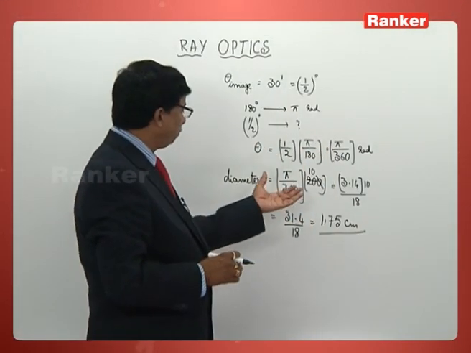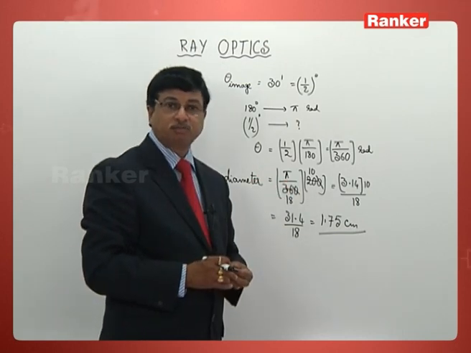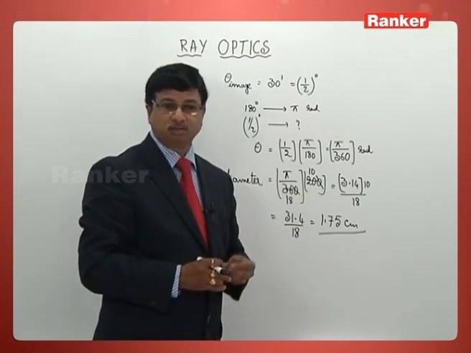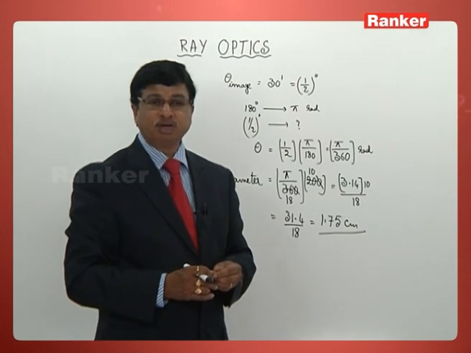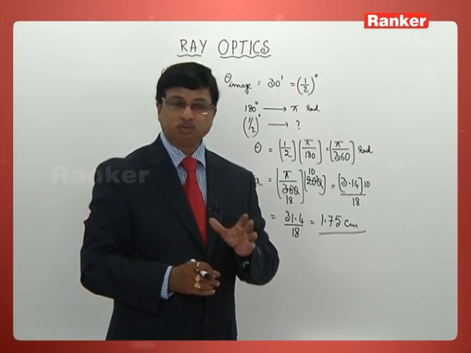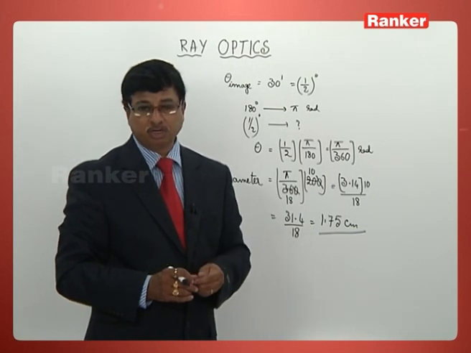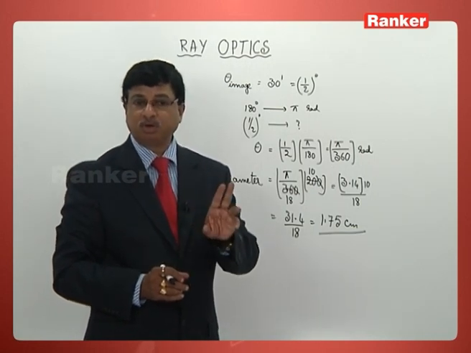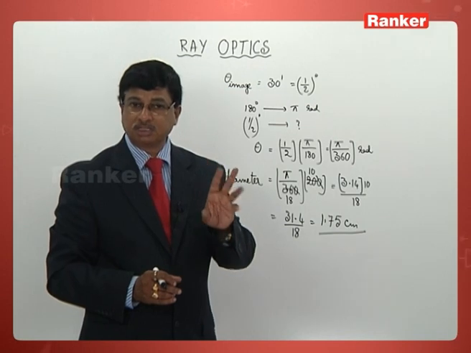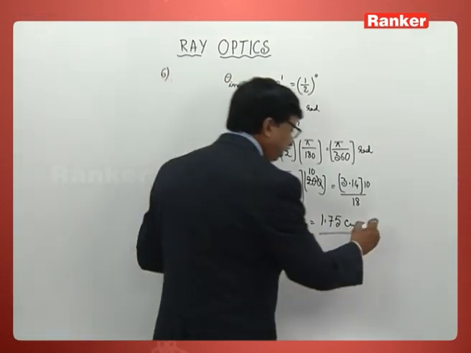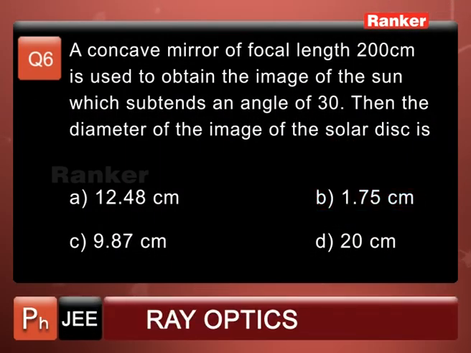So what is the corresponding diameter he is asking of the disk? The diameter of the disk is 1.75 centimeter, which we have got here, and that coincides with the second option provided in this problem 6. So we can directly take the answer for this one as B. That is problem number 6 for us.